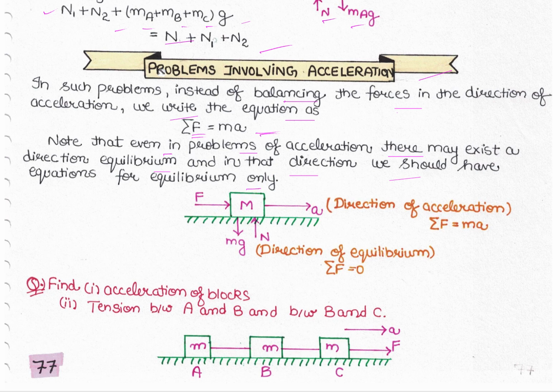So for this mass capital M, which has an acceleration A and force on it capital F, situated on a surface, its weight along this direction is mg, normal force along this direction is capital N. Then we can write, in the direction of acceleration, total force on the body is F is equal to ma, and in the direction of equilibrium, total force on the body is equal to 0.